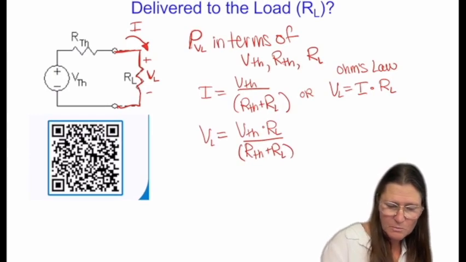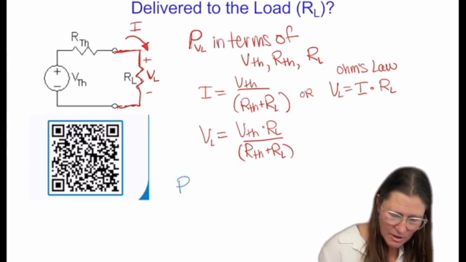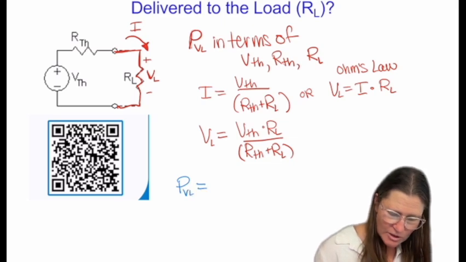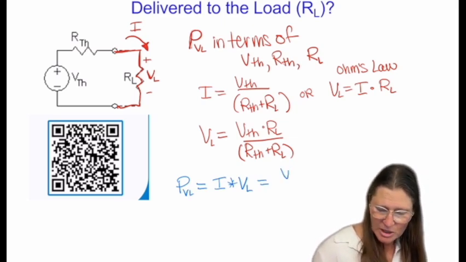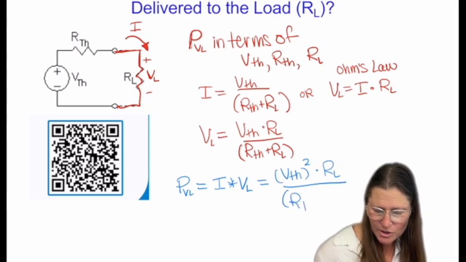So power is going to be I times VL. So this becomes VTH squared times RL over RTH plus RL squared.